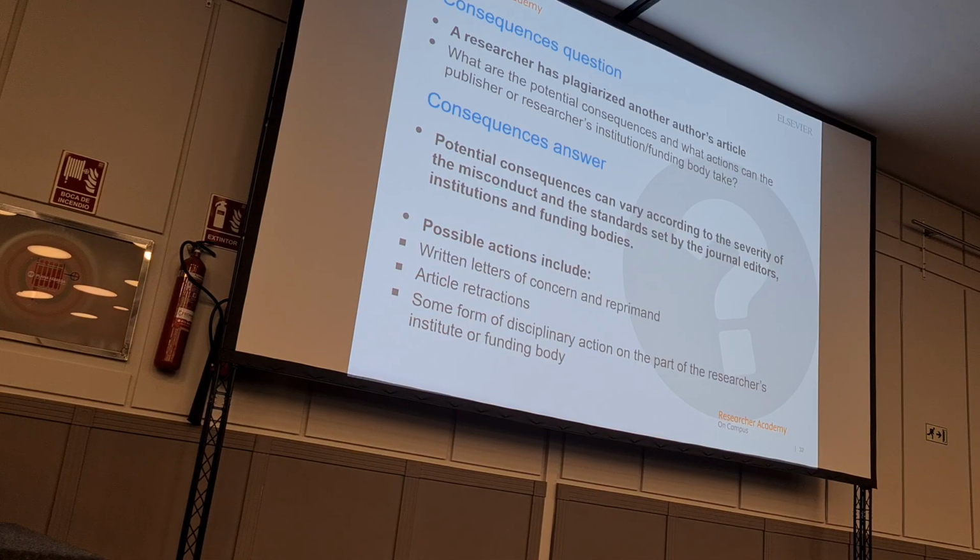So potential consequences can vary according to the severity of the misconduct and standards set by the journal editors, institution, and funding body. The possible actions from the publishers or the editors are written letters of concern and reprimand, and article retractions.